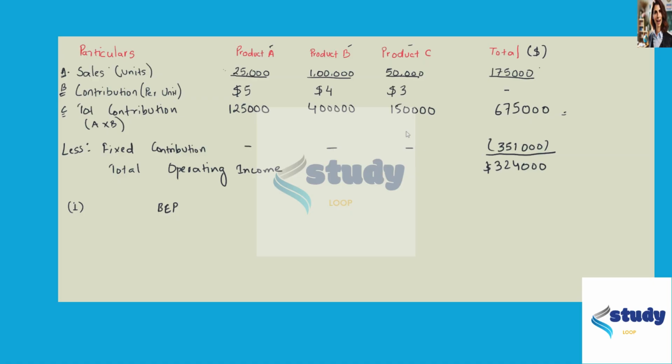This will be total fixed cost upon total contribution.